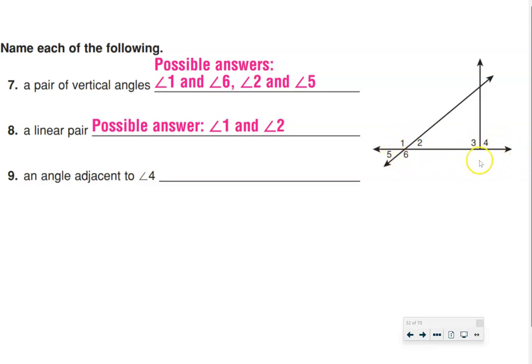All of those are linear pairs of angles. See if you can find an angle that's adjacent to angle 4. Angle 3 is adjacent to angle 4.